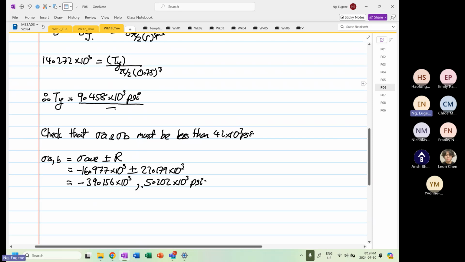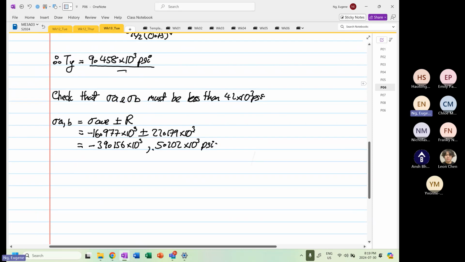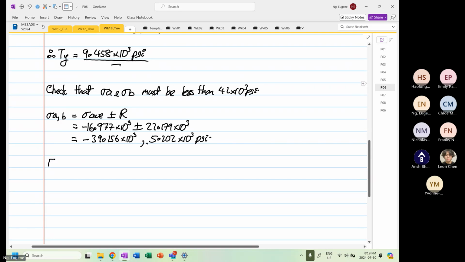If asked to calculate the factor of safety, it is equal to stress U divided by stress A or stress B. For this case, you pick 39. So the factor of safety is equal to minus 42 times 10 to the power 3. Why minus? Because it's the compression that will dominate.